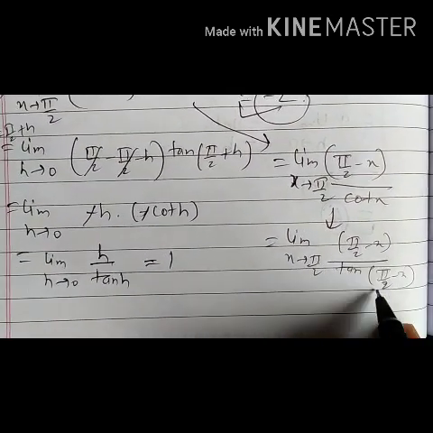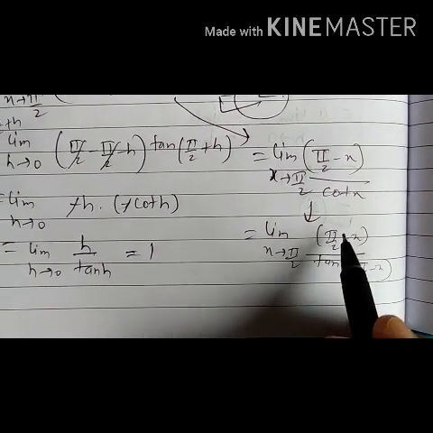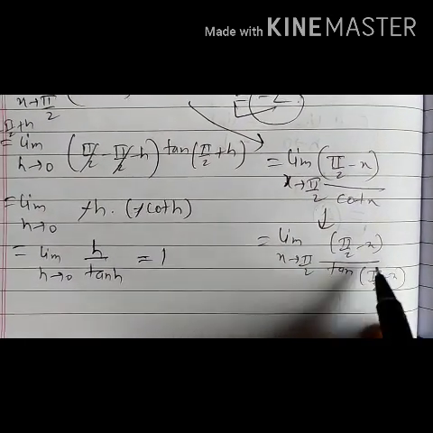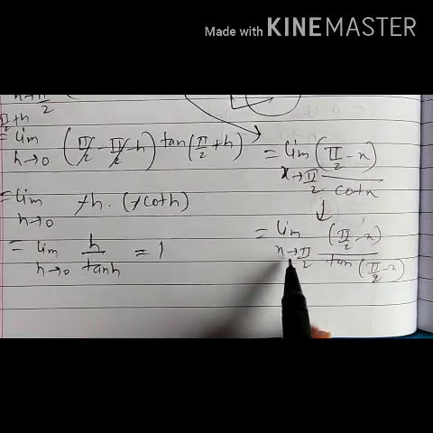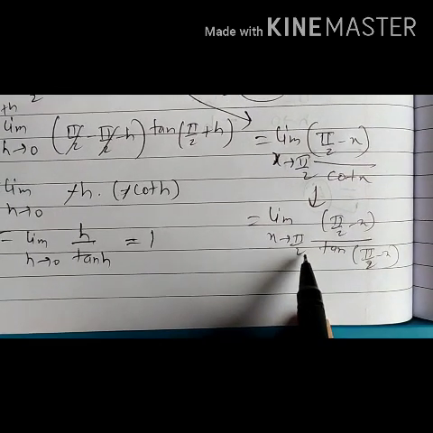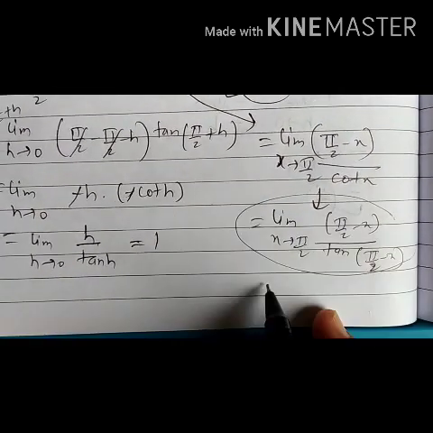Now tan of the angle upon the same angle, means we can write numerator upon tan of the same angle, and x tends to pi by 2 means pi by 2 minus x also will tend to 0. So this limiting value will be also equal to 1.